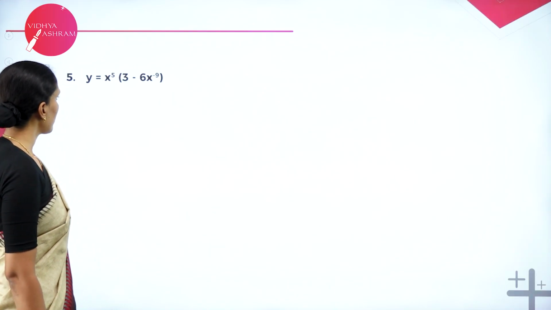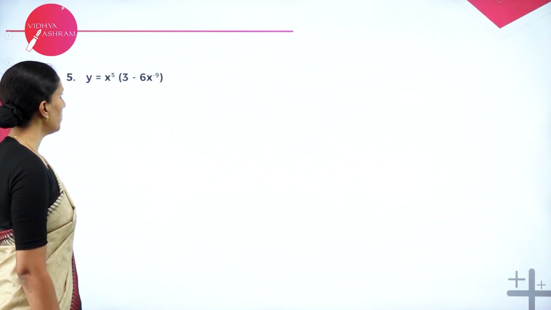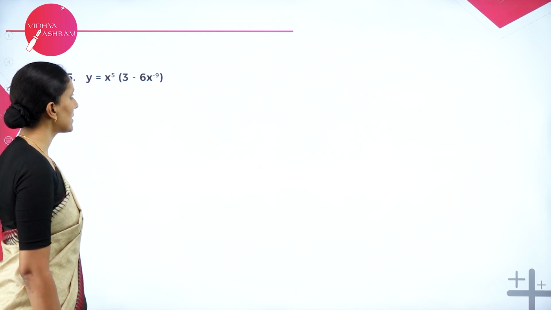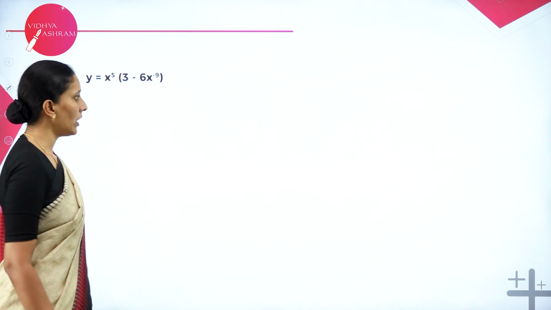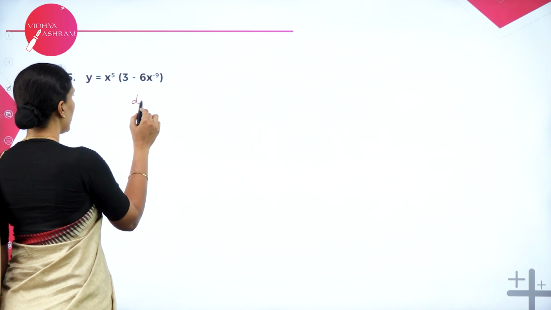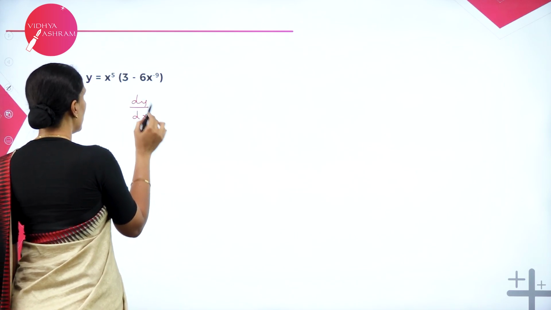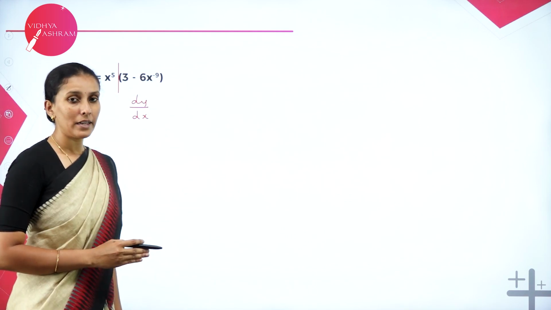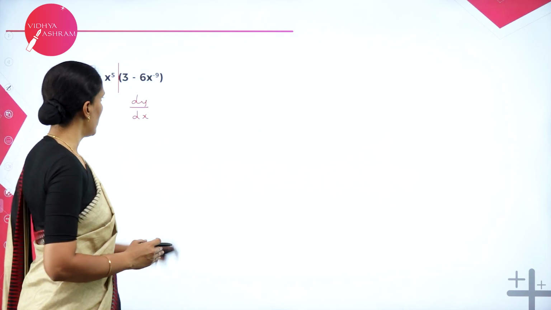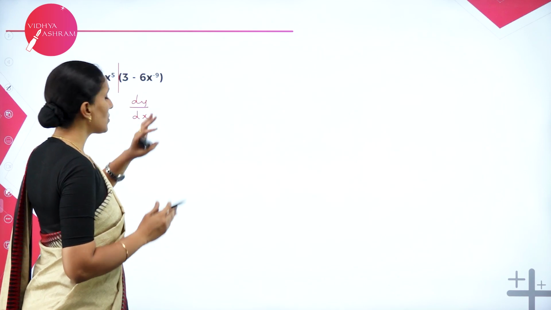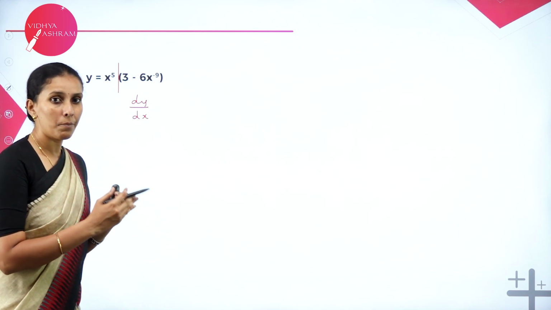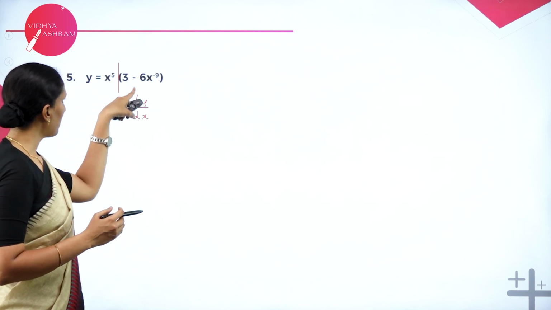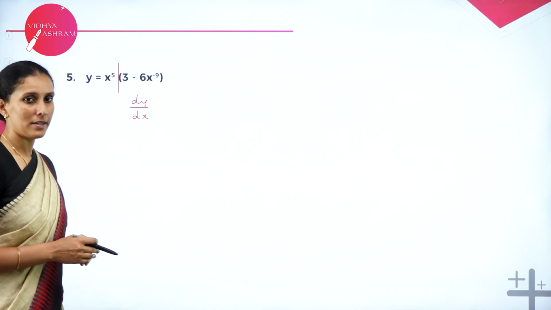Next one, x power 5 into 3 minus 6 x to the power minus 9. So, here we have a function dy by dx. Here we have two functions, one is x power 5 and the other one is 3 minus 6x to the power minus 9. Here we can also do this with the help of the product rule, or we can multiply the term inside and derive them separately.